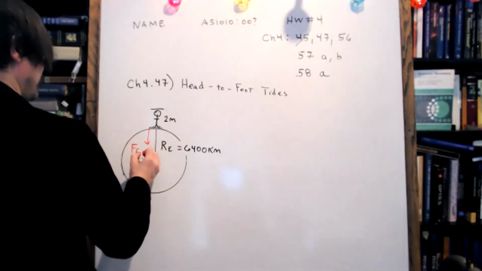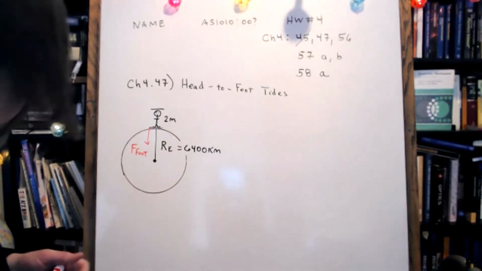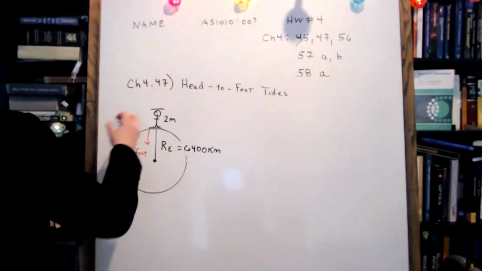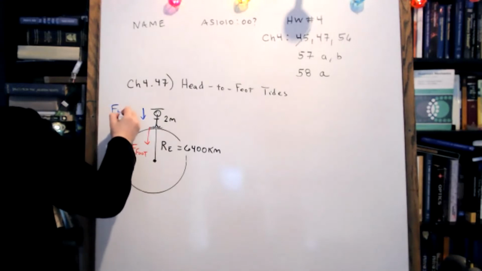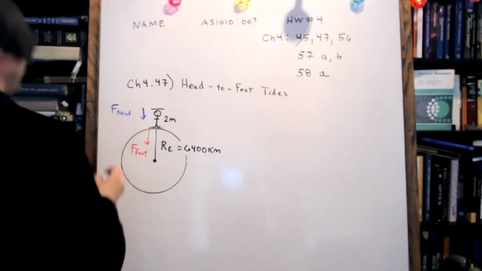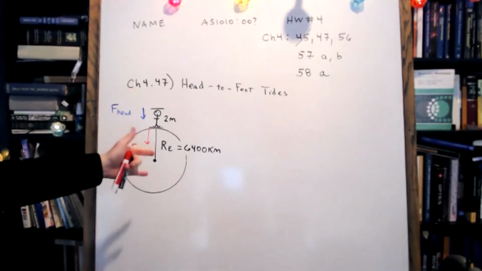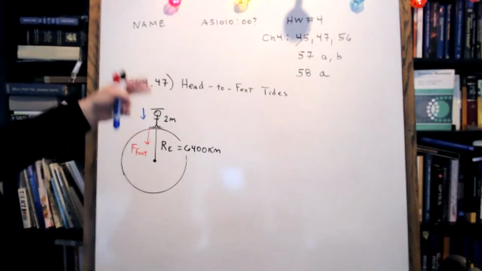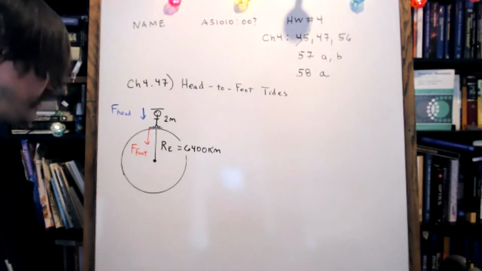Let's call it F sub foot, a force acting on your foot, which is ever so slightly different from this other force, the force acting on your head, F sub head. And that's because your head is a little bit farther away from the center of Earth than your feet. Thus, you should be subject to a tidal force stretching you apart. The question is, why don't we feel this force?